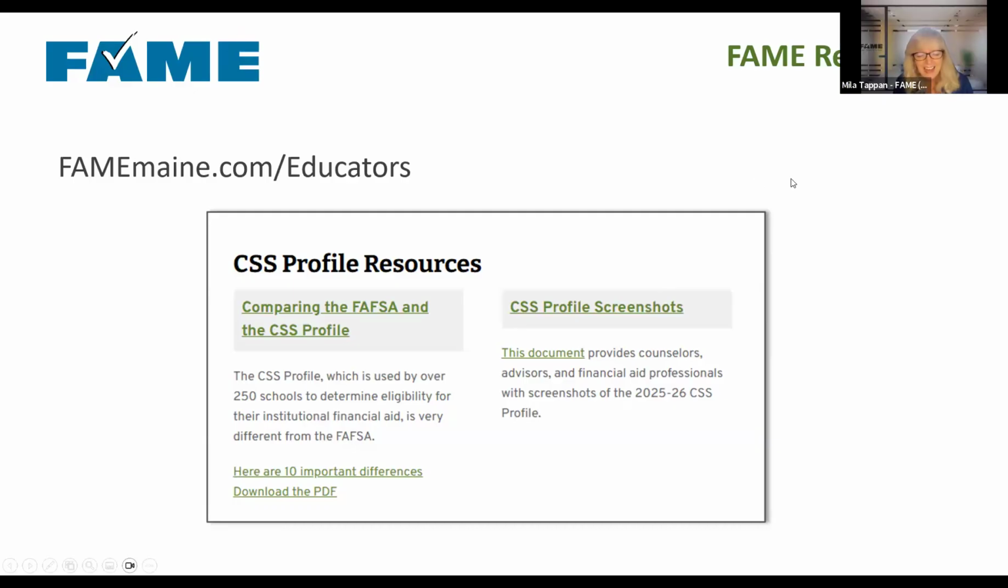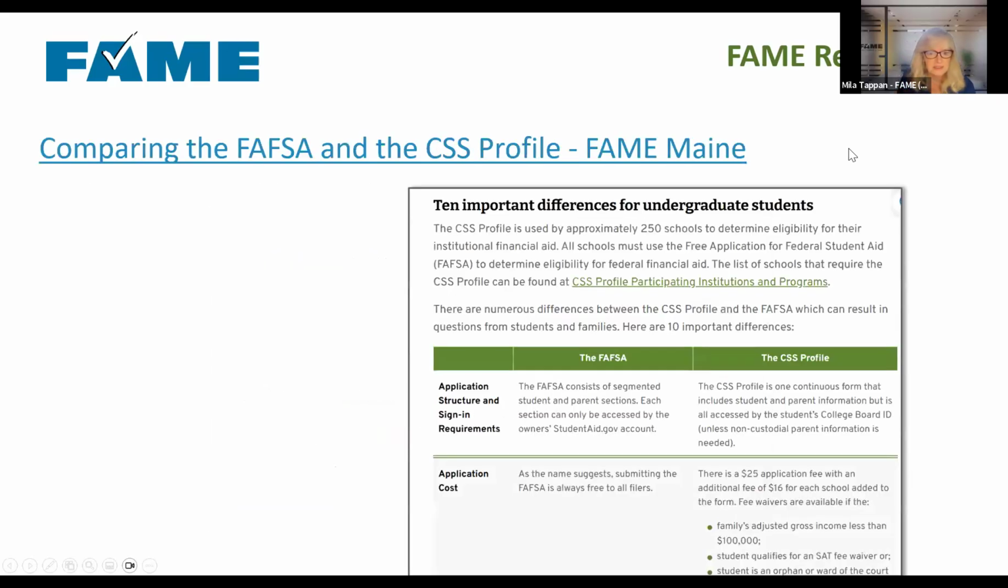So as she mentioned earlier, if you take a look at this document, you will be able to see the exact wording of questions, the flow of the questions, and things like that. We tried to do a high-level overview today, but if you want to really dig into all of those individual questions, those screenshots will allow you to do that. So you can click on that document. And then next, Michelle, if you want to go to the next slide.